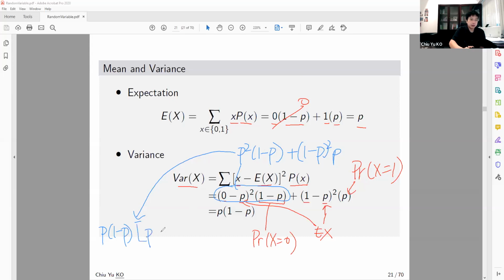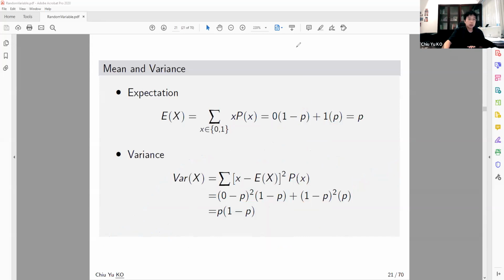Then with P plus (1 minus P), it cancels out, it's 1. So it's P times (1 minus P). Is that clear how we get the answer? Good. So that's why we have the variance.